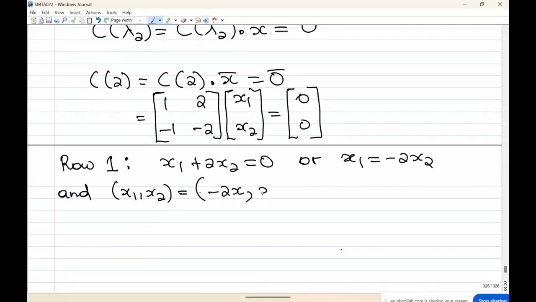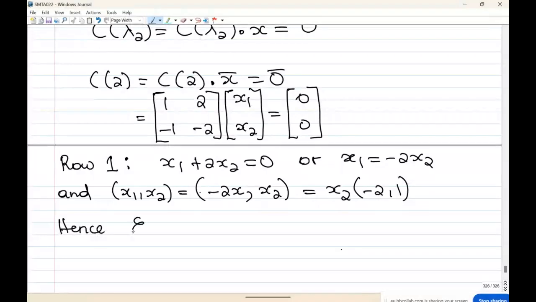Your x2 will remain x2 here. Then now you take out x2 as a common factor, and you are going to have -2 and then 1. So now you got the eigenvector number 2, which will be equal to -2 and then 1.